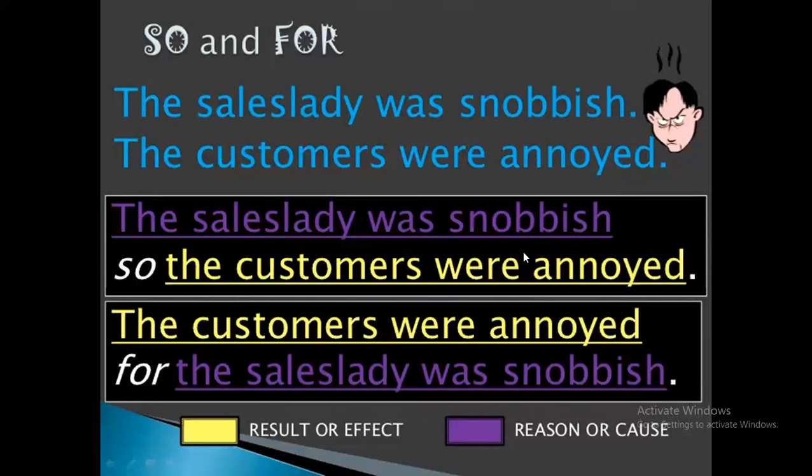What happened later as a result comes in the latter part of the sentence. The second one, the customers were annoyed. You are telling first what happened, and then you're telling why it happened. So the reason is coming later. That is why you're using for over here. So this is one more thing that you have to remember.